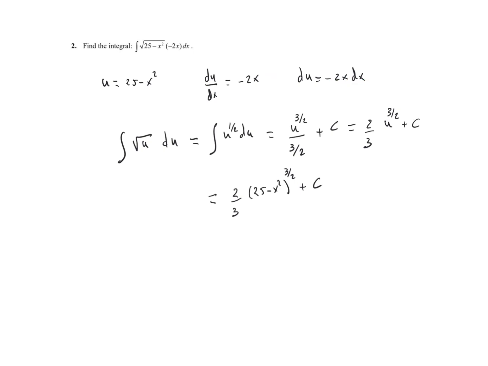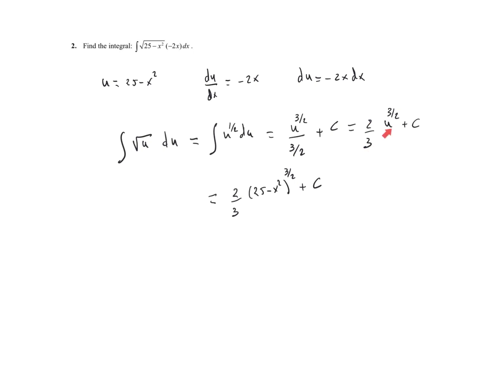So du is here. And here you read it as the square root of u. So the integral that we have to do is the integral of the square root of u du. For this integral, we apply the power rule. So it's u to the 3/2 divided by 3/2 plus C. And the problem is not solved yet.